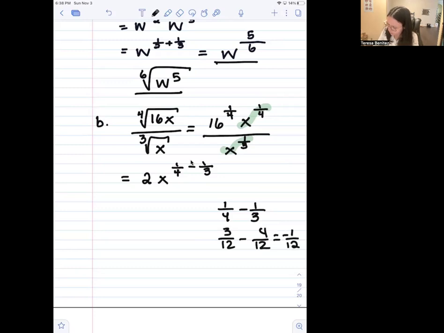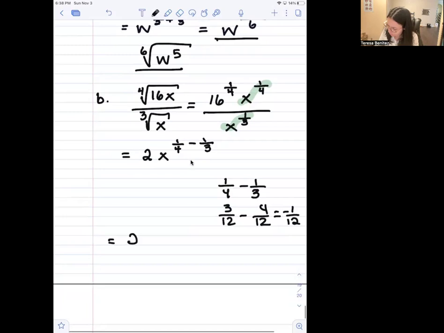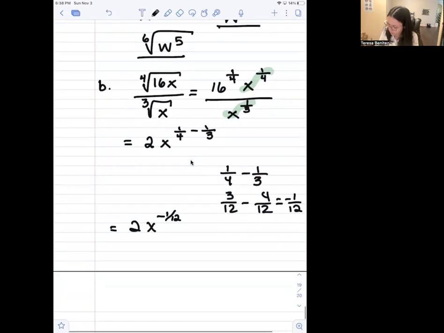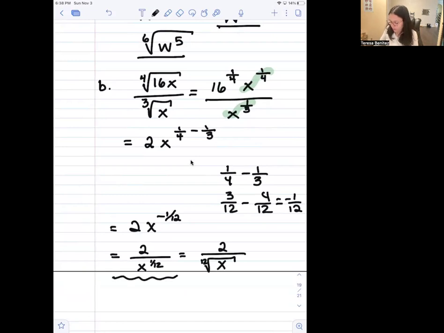Just in case you're wondering where this comes from, I get 2x to the power of negative 1/12. Then if I want to express this as a positive exponent, I get 2 divided by x to the power of 1/12. And if you want to express this in radical notation, it's the 12th root of x, depending on whether they ask for rational exponent or radical notation, okay?